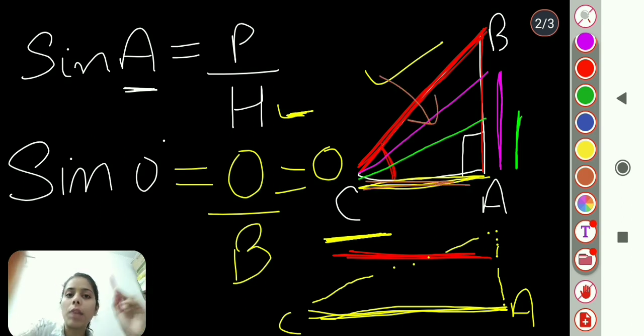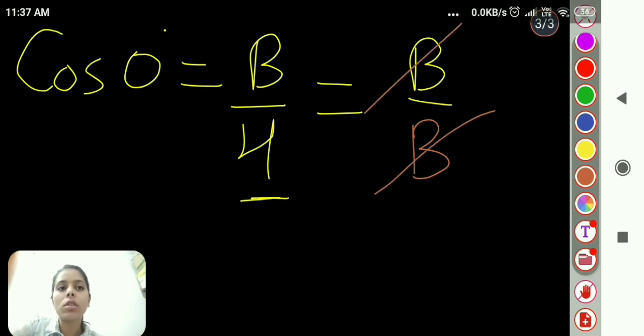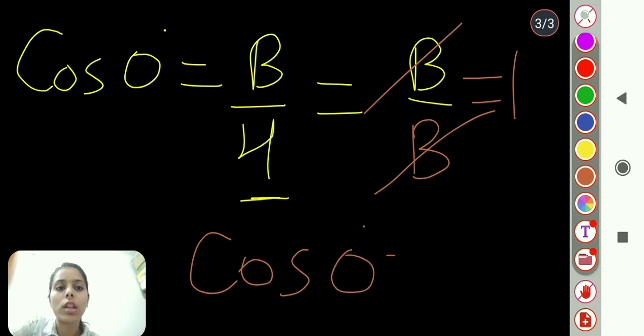It means hypo became the base. The value of hypo is now base. So we can write hypo as b also. Value of base is b, and value of hypo is also b, because this hypo is merged with the base. So when we cancel these out, we get 1. So value of cos 0 degree is 1.